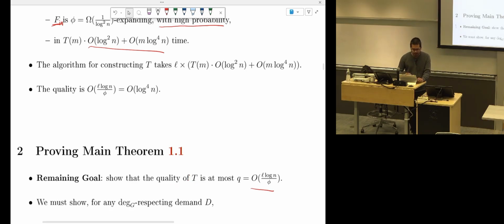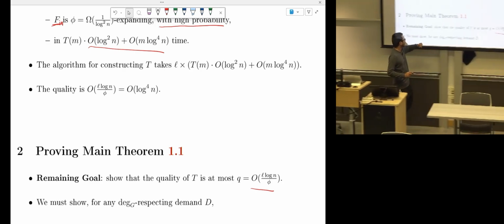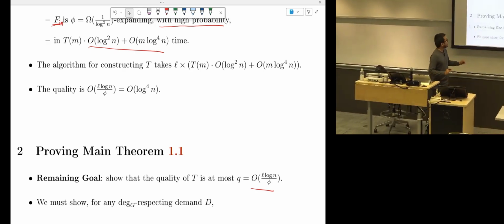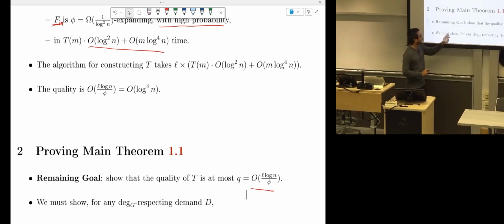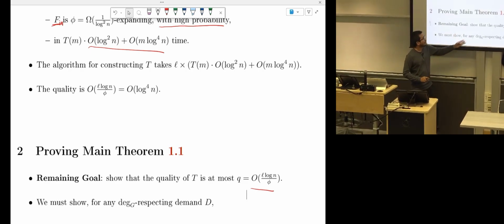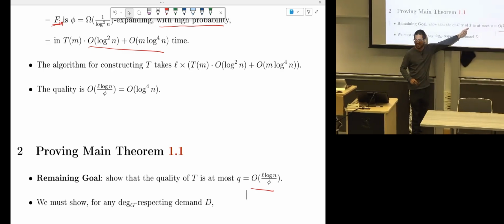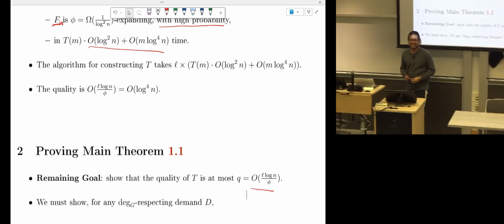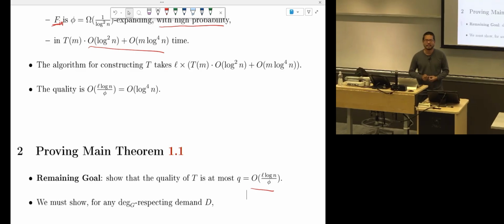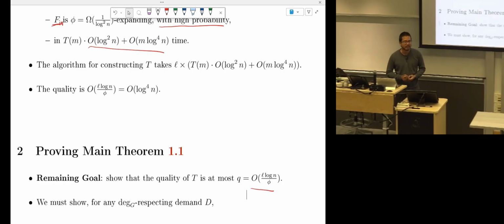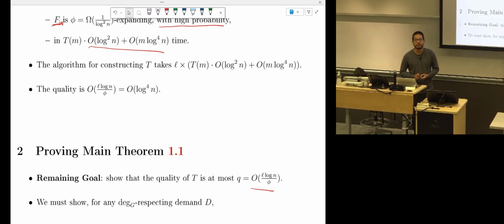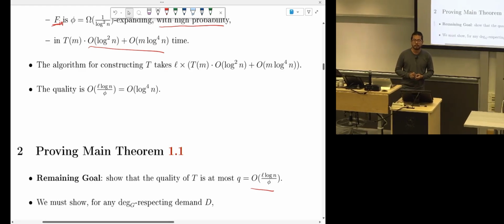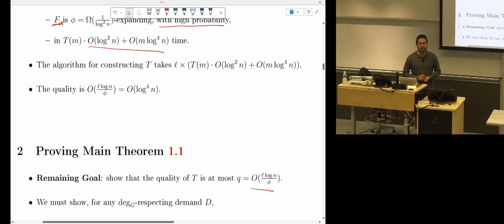Just to recall again, what does it mean to say that the quality of the tree is Q? Anyone recall, what does it mean to say that the quality of T is Q? A degree-G-respecting demand that is routable in T is routable in G with congestion at most Q. Exactly.